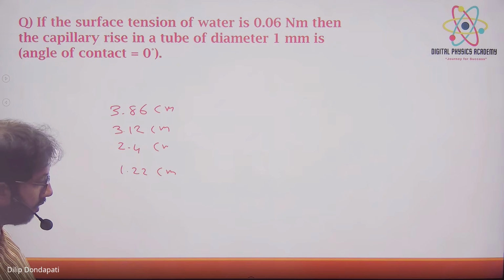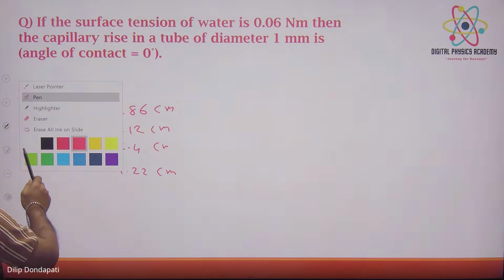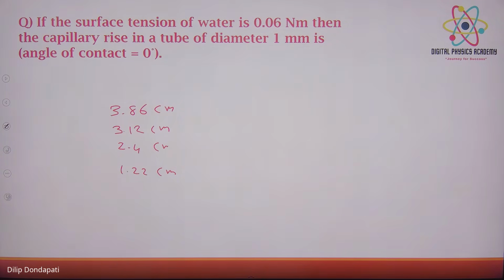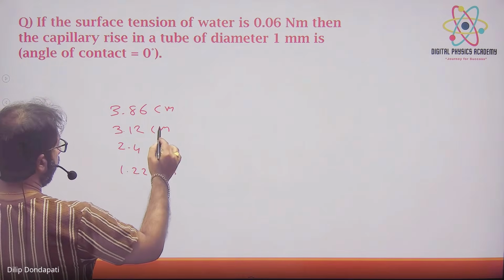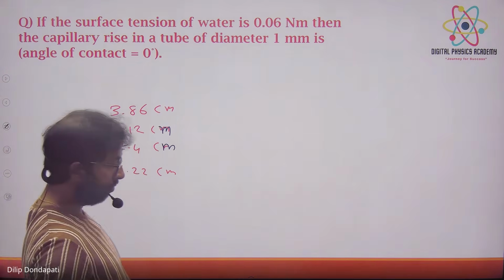Okay. 2.4. देखिए. 2t cos theta by r rho g. So 2.4. Yeah, 2.4 is the answer.